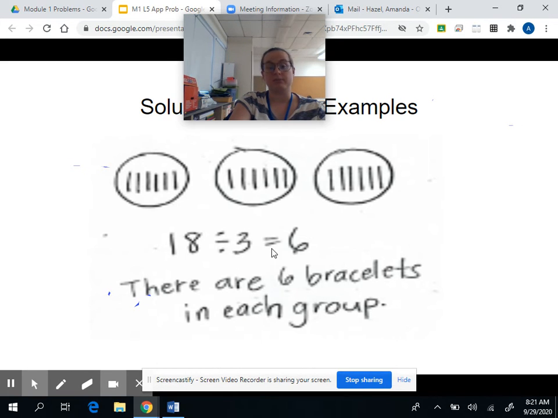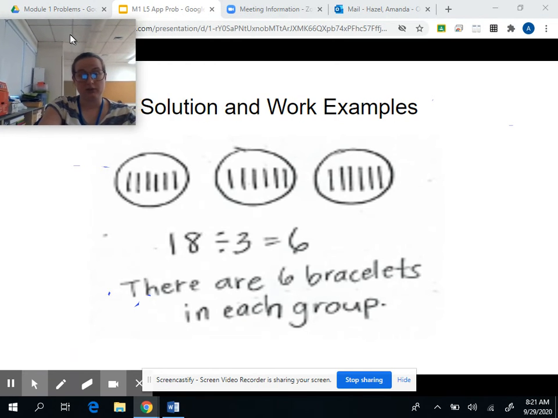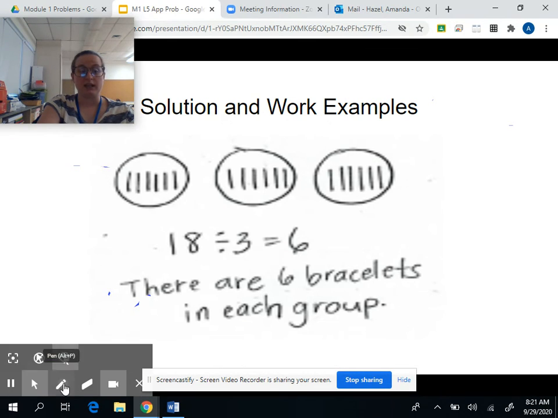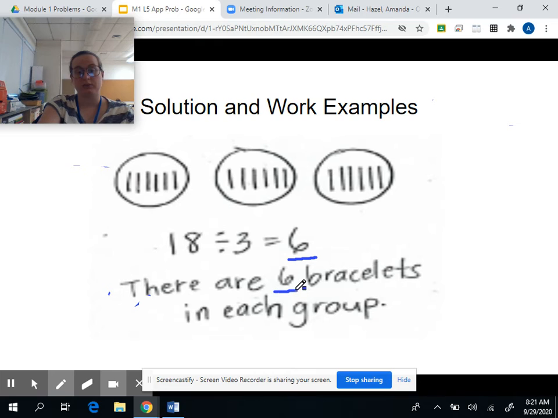This is an example of how you could have solved the problem. We know from the problem that Stacy had 18 and she split them. That's why we have division into 3 equal groups. And we had to find this answer here. We had to know how many were in each group.